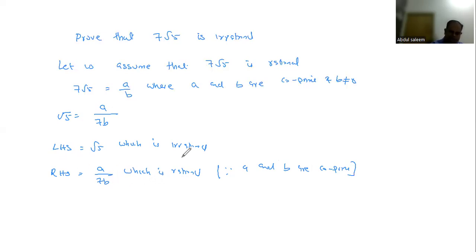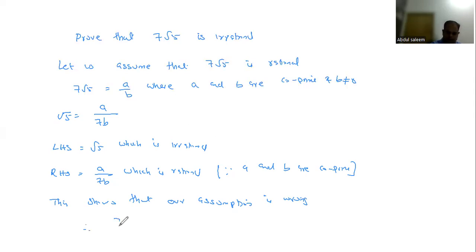So left side is irrational, right side is rational. This shows that our assumption is wrong. Okay, what is our assumption? We assume that 7 root 5 is rational. That is wrong.